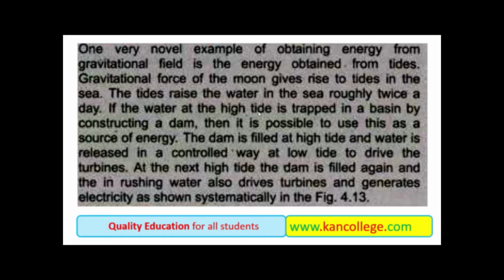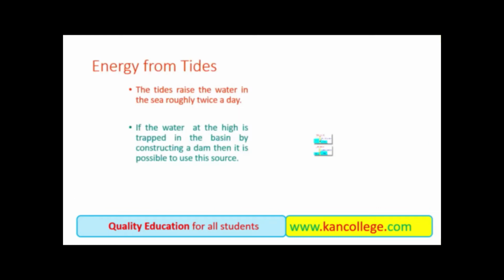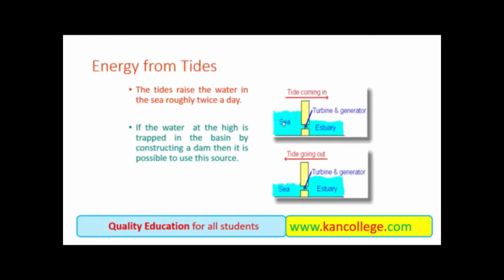If the water at the high tide is trapped in the basin by constructing a dam as shown in this slide, then the water level of the basin will become high, and this water can then be released and the turbine can run to get energy.